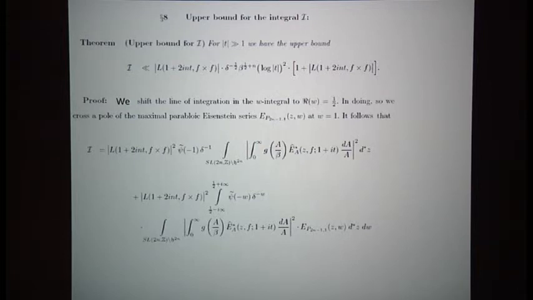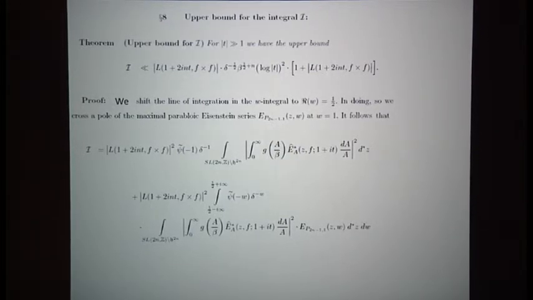So here, we get the upper bound for the big integral I. We shift the line to the 1/2 line, and then we pick up a pole of the maximal parabolic Eisenstein series at 1. So the first term comes from the pole at 1.